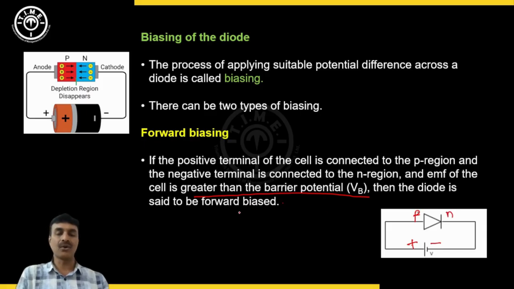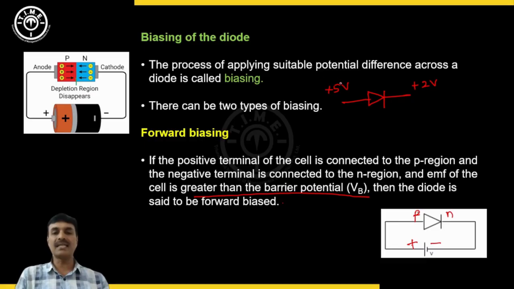That is forward bias. But sometimes, without connecting a battery, two different potentials are applied across these P and N regions. For example, a diode like this: here it is given plus 5 volt and here it is given plus 2 volt. Both are positive potentials, but one is 5 volt, another one is 2 volt.